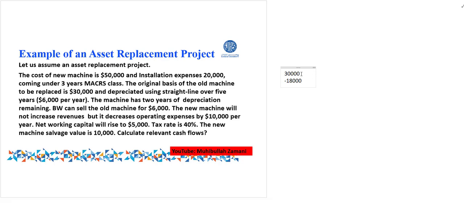Each year we charge 6,000, so 6 times 3 becomes 18,000. From 30 minus 18, the remaining amount is 12,000. So we would have to sell the old machine for 12,000, but we sell it for only 6,000. So if you sell for 6,000, you suffer a loss of 6,000.